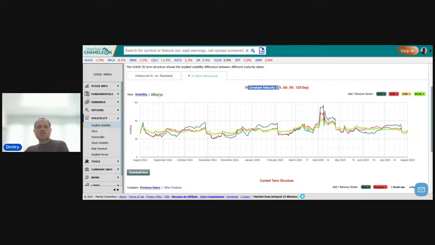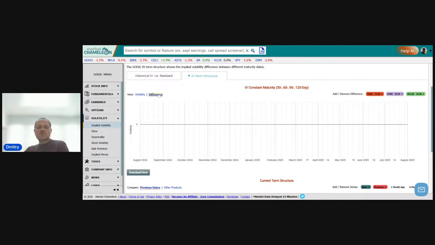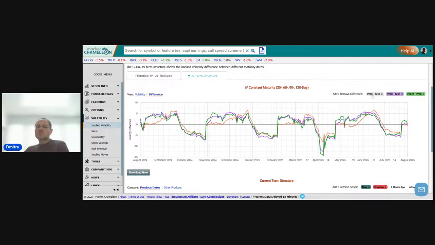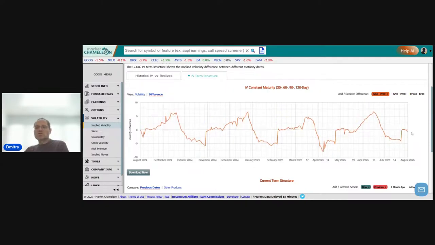Let's say we wanted to see the difference. So the difference is 60 minus 30, with the ones we have, 90 days versus 120 days. So I'm going to uncheck these to show you. So this is the 60-day implied volatility minus the 30-day.